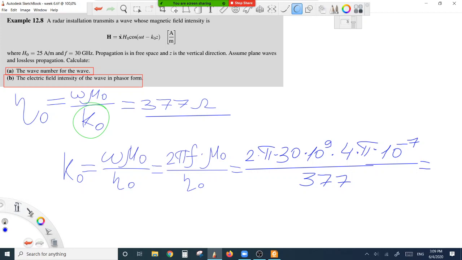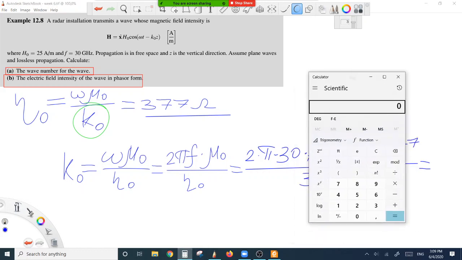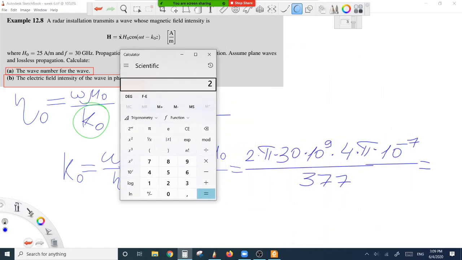And the wave number for the wave is, okay, let's compute: 2 multiplied by pi multiplied by 30 multiplied by 4 multiplied by again pi, divided by 377.